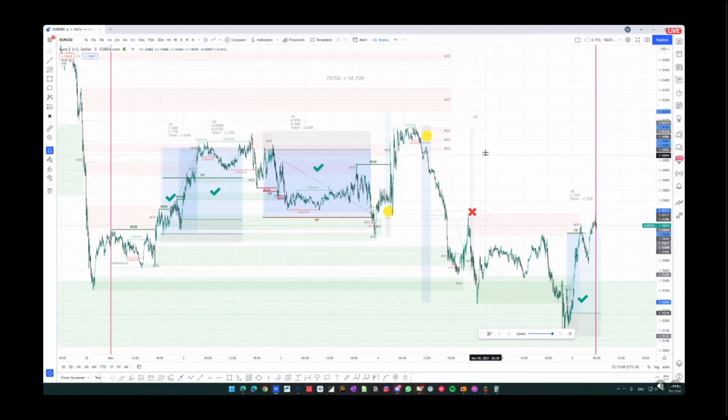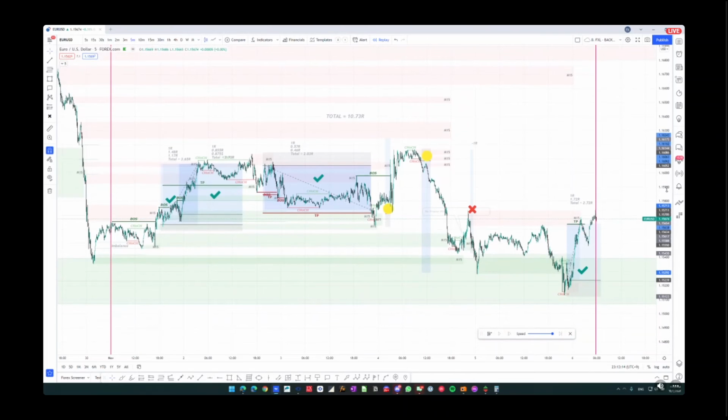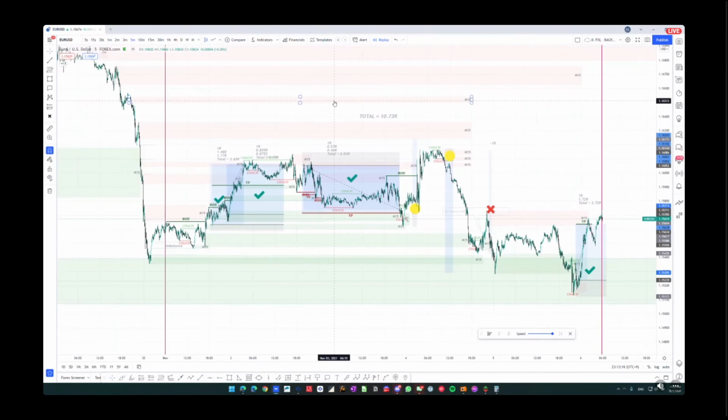And you know how I create, let me show you. I create on some of these zones, let me just do it really quick. I use the parallel channel when I create the zones, not all of them, but some of them. Let me just do it on this one as example.